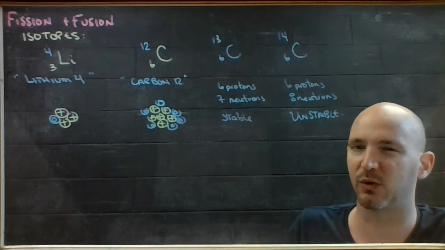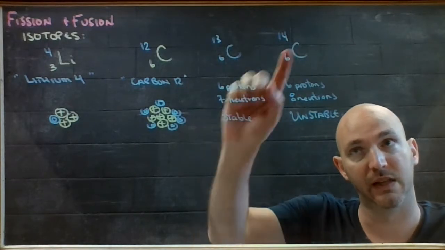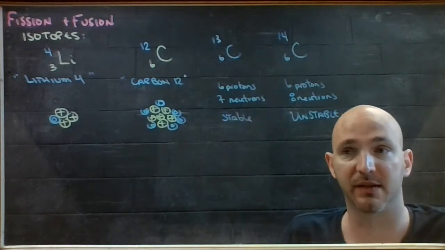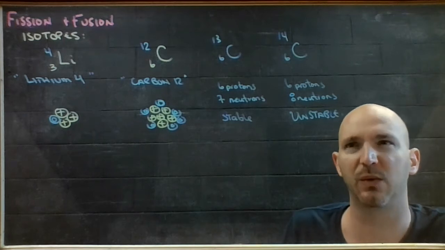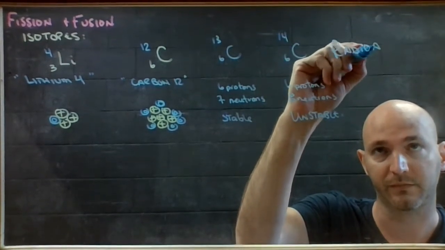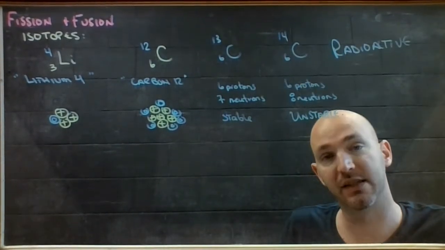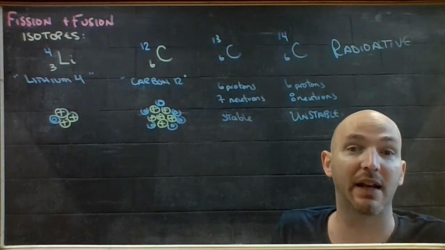We'll get to that more in the next section. But whatever it's going to do, at some point in time, this atom of carbon is going to stop being an atom of carbon, and it's going to release some energy. So we would call that radioactivity. Now this little carbon here, carbon-14, is the one that is measured when you hear about radiocarbon dating.